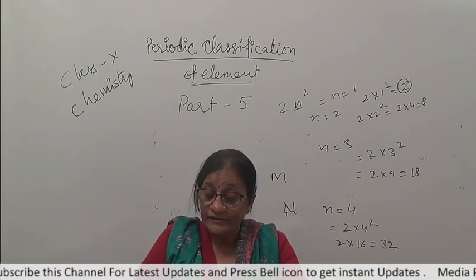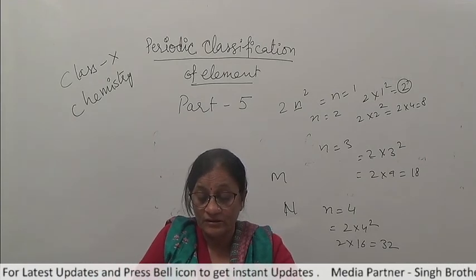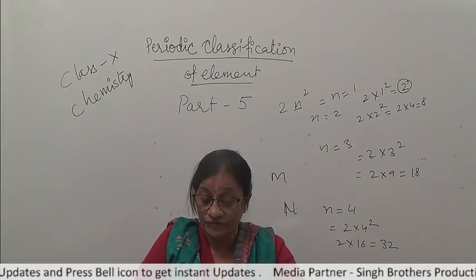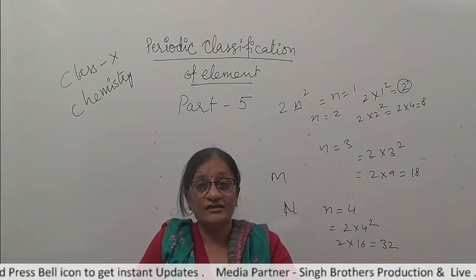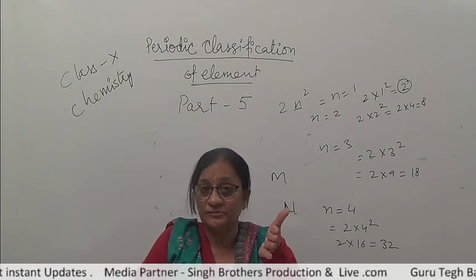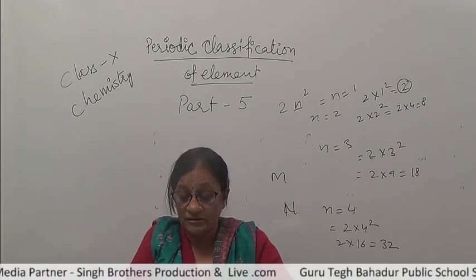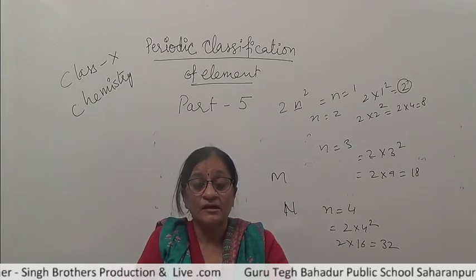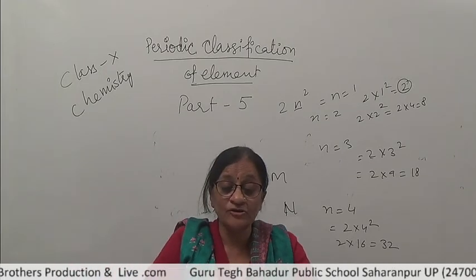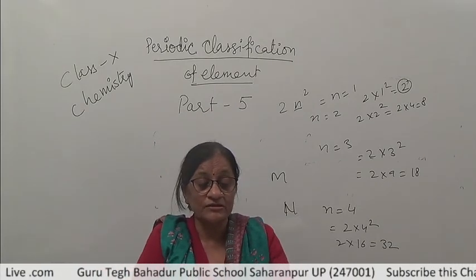Now, characteristics of a group. The vertical columns of the periodic table are called groups. There are 18 groups in the periodic table, and all elements in any group show these points.